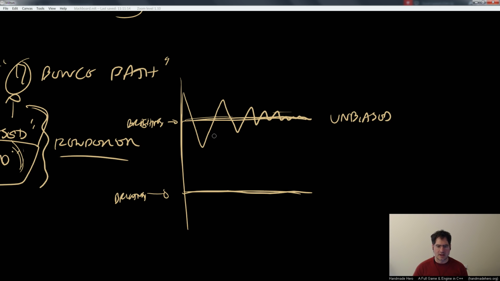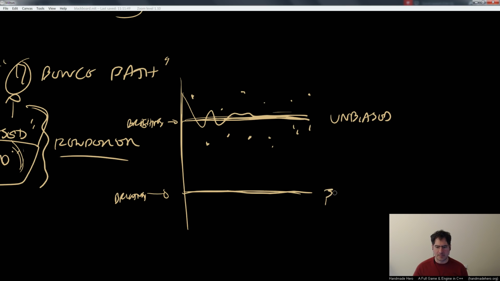My lighting value converges on the correct value on average. As I go through this, I'm going to narrow in. I'm going to start off kind of wrong, and then as I take more samples, I'm going to converge on average towards the correct solution.